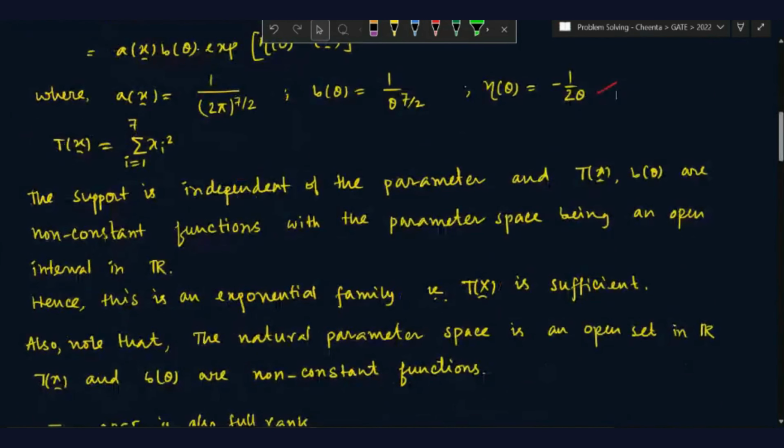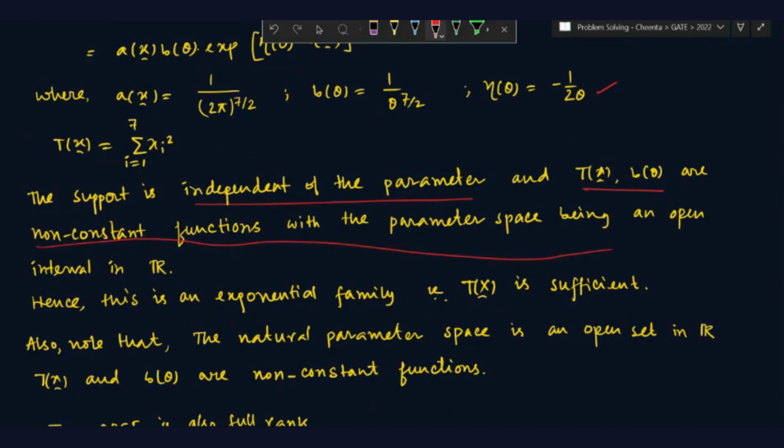Now observe that the support of the distribution is independent of the parameter, and T(x) and B(theta) are non-constant functions with the parameter space being an open interval in R, that is theta greater than 0 is an open interval.